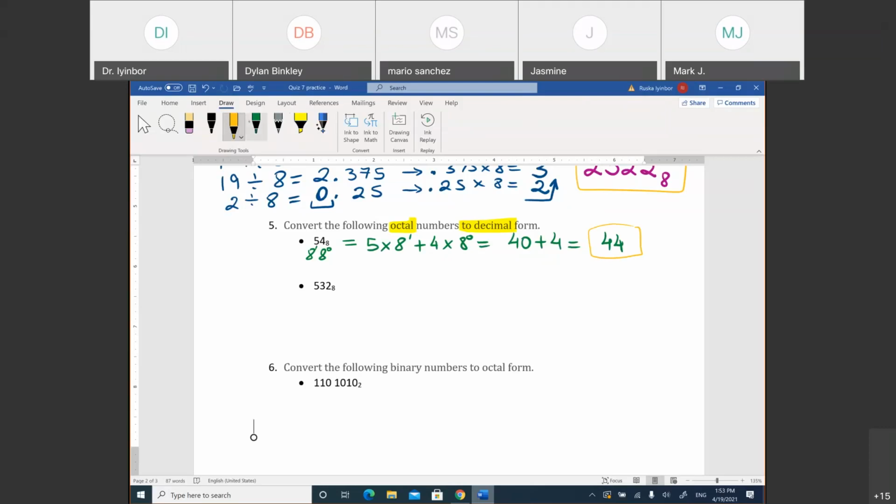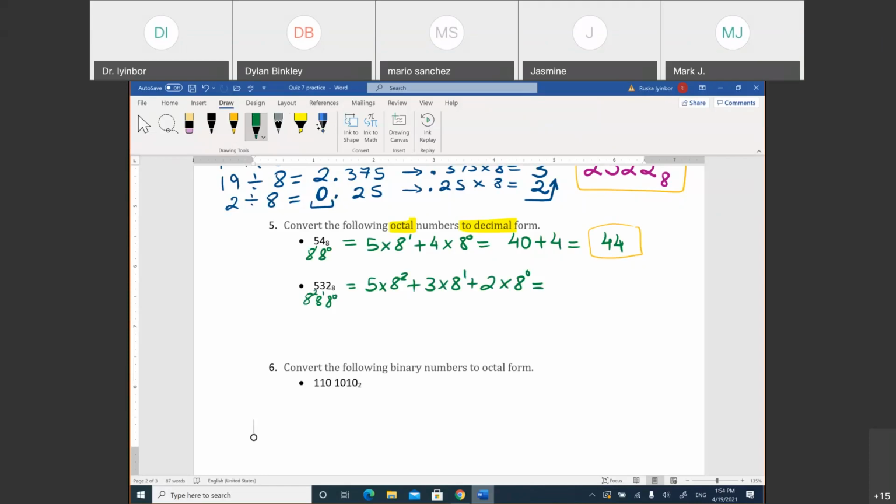Then the next one is going to be the same way. You have 8 to the 0, 8 to the first, 8 squared. So you're going to expand it. It's going to be 5 times 8 squared, 3 times 8 to the first, and 2 times 8 to the 0 power. So when I multiply, I'm going to do exponents first. So 8 times 8 is 64.